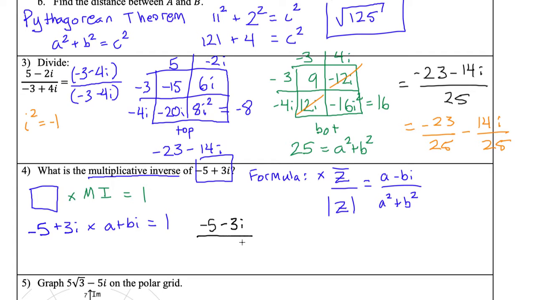Let's go ahead: what's 5 squared? 25. What's 3 squared? 9. All right, there it is. Negative 5 minus 3i, all of that divided by 34. That's the answer. That is the multiplicative inverse.